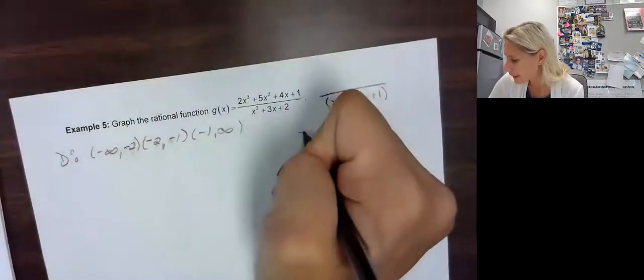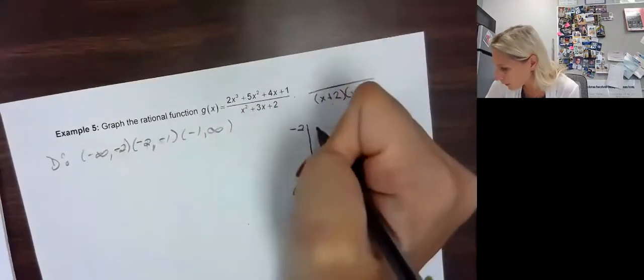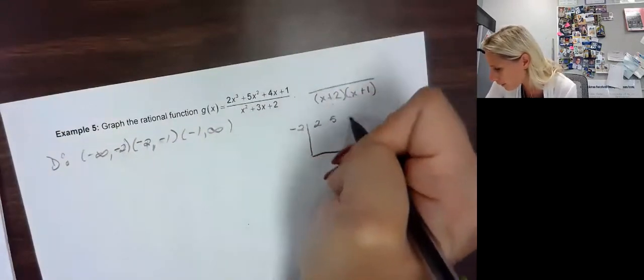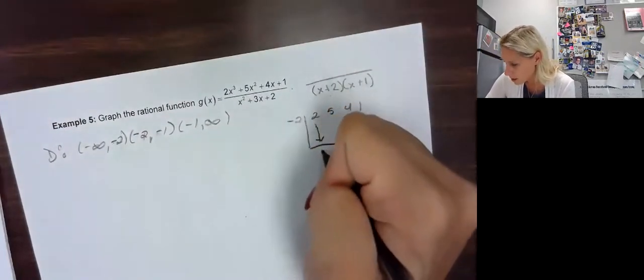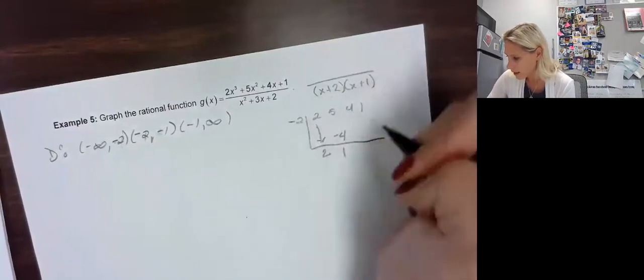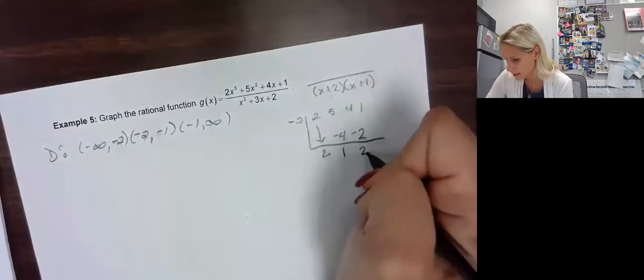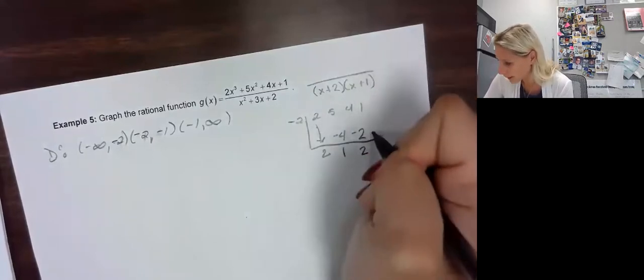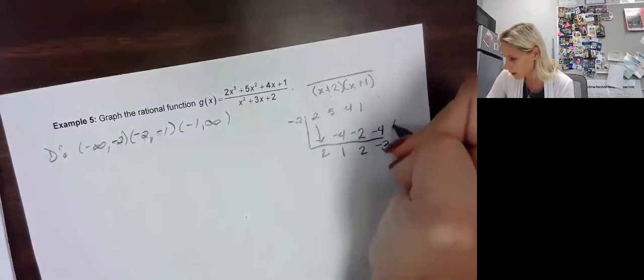So let's try synthetic with -2. We would have 2, 5, 4, and 1. Remember, bring down, multiply, add, multiply, add, multiply, add. So this one did not work.